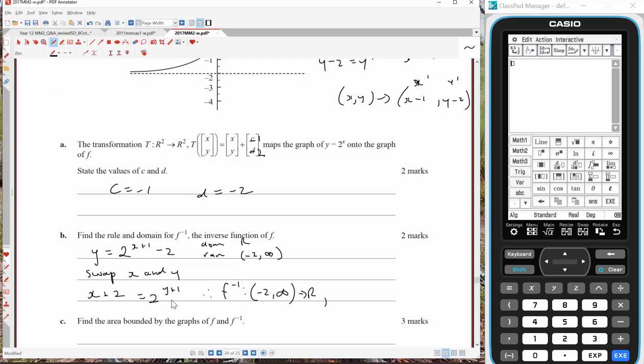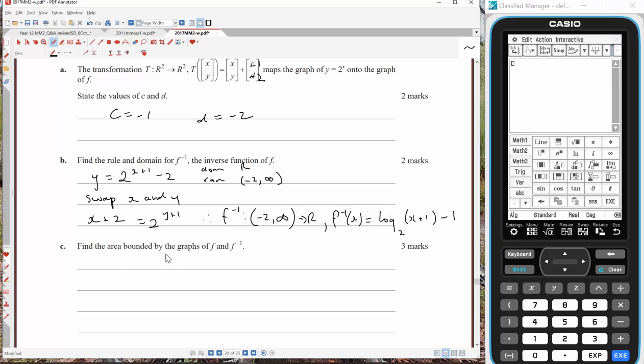Now we'll just drop this into log form. So we got log 2 x plus 2 take 1. f-1 x equals log 2 x plus 2 take 1.